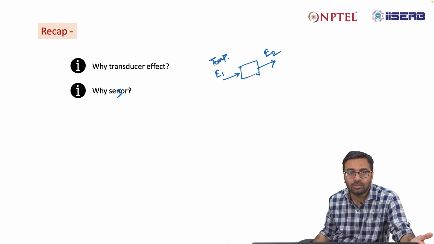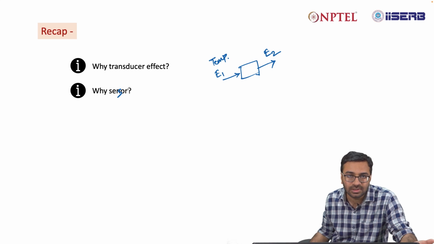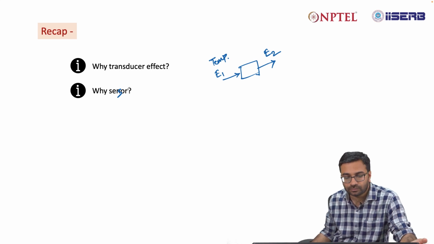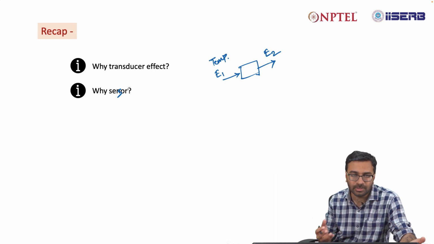And how do they get this type of information? That information they get from different kinds of sensors associated with them. Okay, that's why. And we also have to some extent discussed other reasons why sensors are needed.